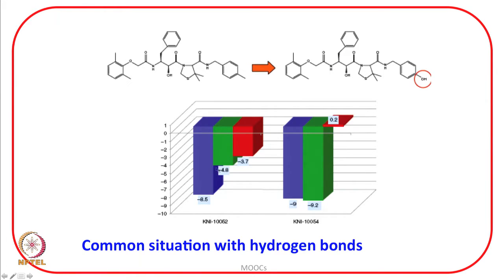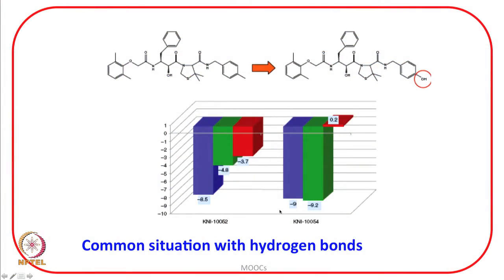However, if you see what has happened to enthalpy, a large change, minus 4.8 kilocalorie per mole to minus 9.2 kilocalorie per mole, almost doubling the exothermic character of the binding. And if you take a look at the entropy, minus 3.7 is actually changing to 0.2.